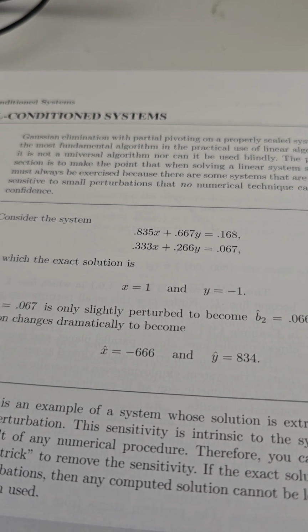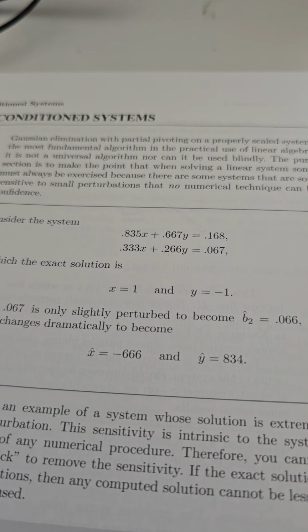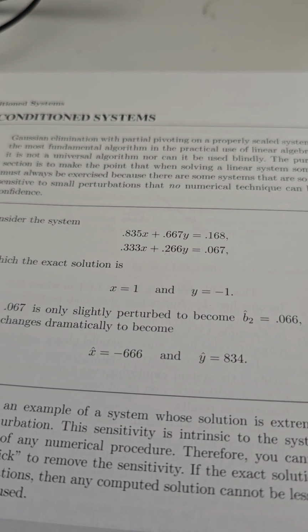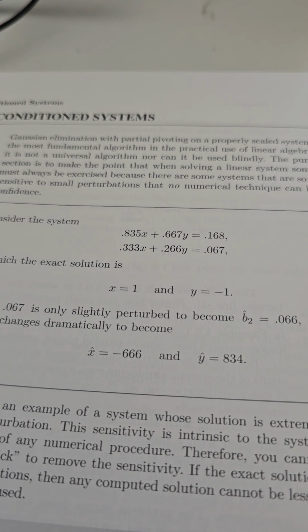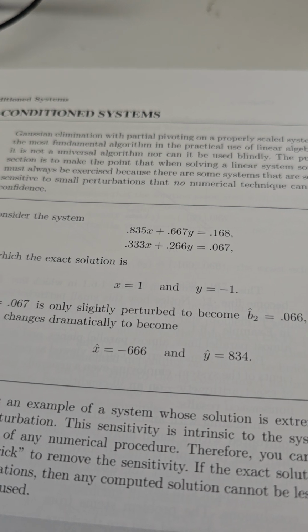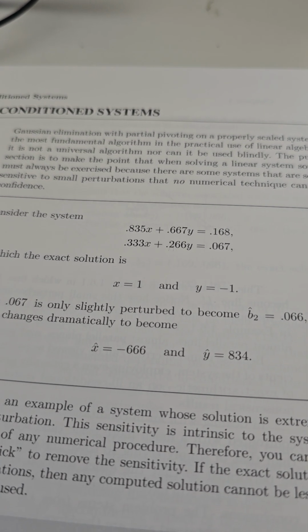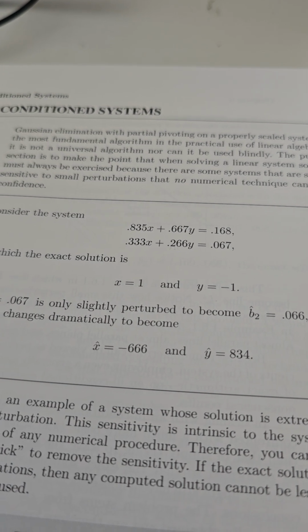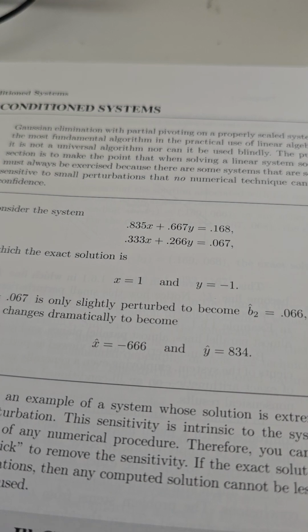And what he discusses then is that by making a very simple and very small error, the system's solutions can change wildly. By making an error in the coefficients, you can make an error that is giant in terms of the solutions.